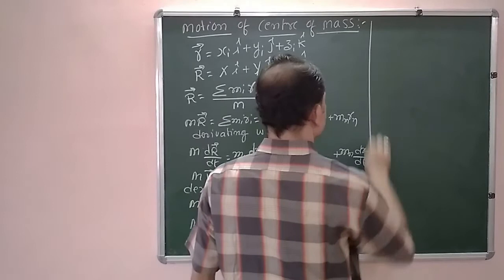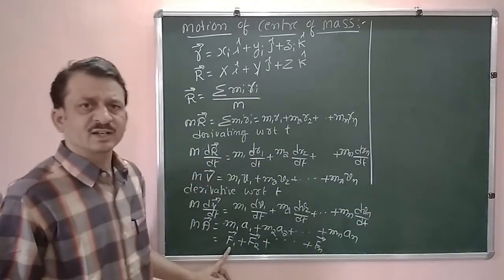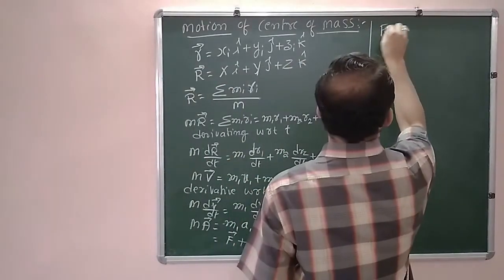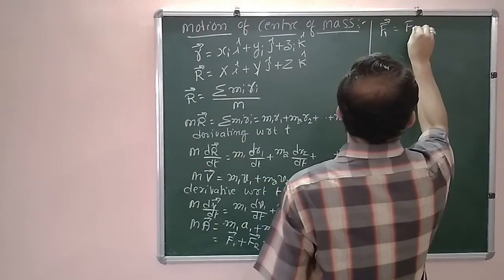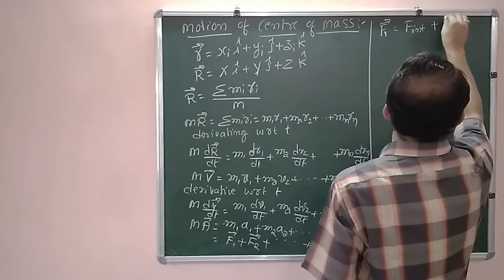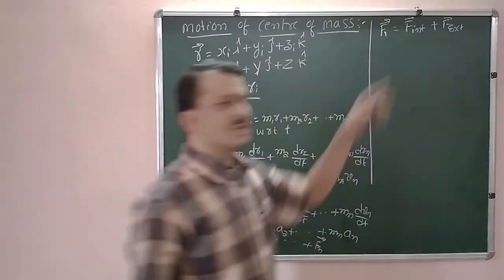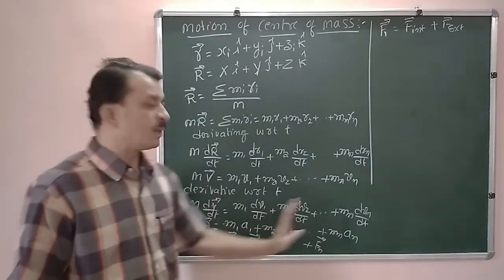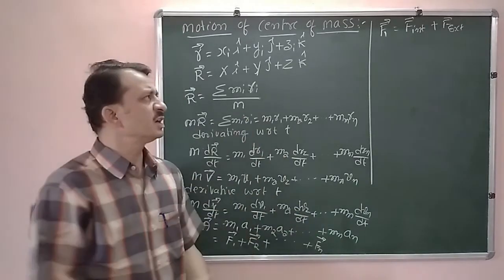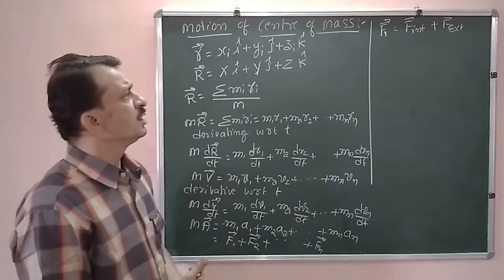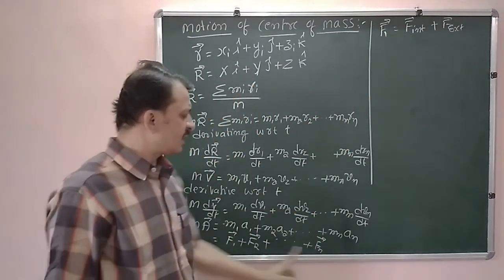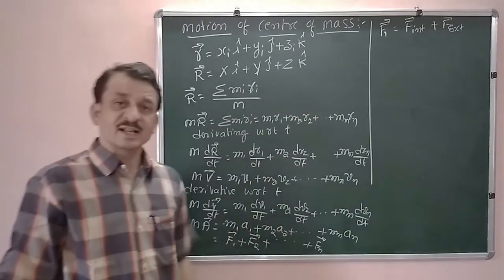Remember this one. The total force acting on the first particle, F1, can be written as F internal plus F external. Internal means the force between the remaining particles; external means the force between the system and any other external body. These internal forces are equal and opposite, and in the vector addition they cancel out.